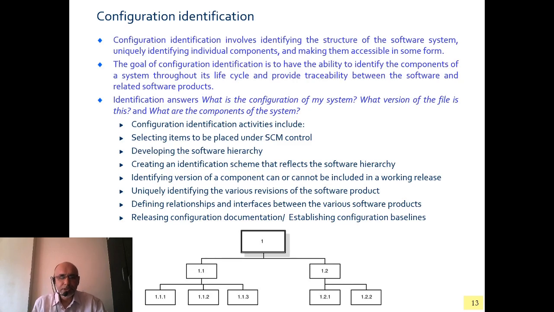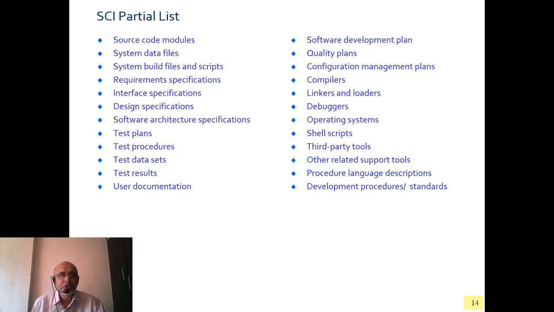So let us say we are beginning with version 1, we can have a variant 1.1 and then 1.2. Then here onwards we have to manage the branch related to 1.1, that is 1.1.1, 1.1.2, 1.1.3. A similar story happens with 1.2. So this is the partial list. I hope this list will guide you, isn't it, what is SCI?